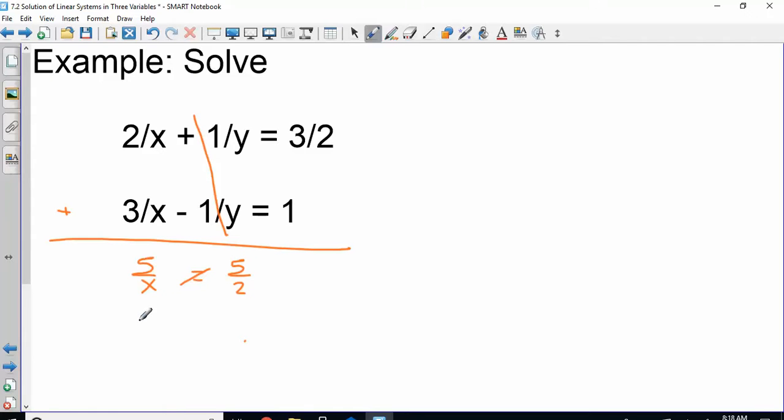So then we could cross multiply. Divide by 5. And x equals 2. Now we need to find our y. Plug that back in.